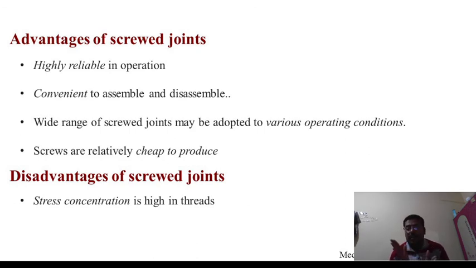With high stress concentration, there may also be chances of high temperature, high friction or wear out. So these are the main disadvantages of screw joints.